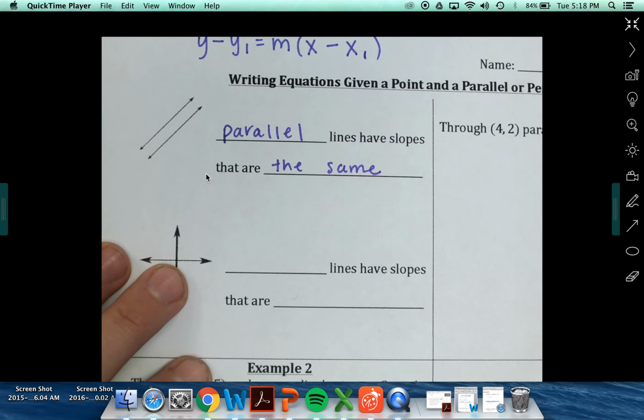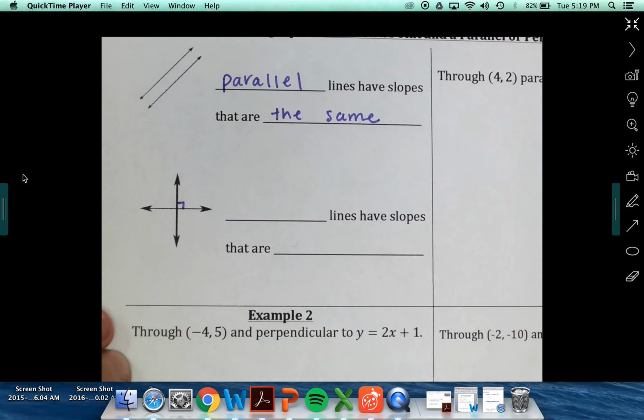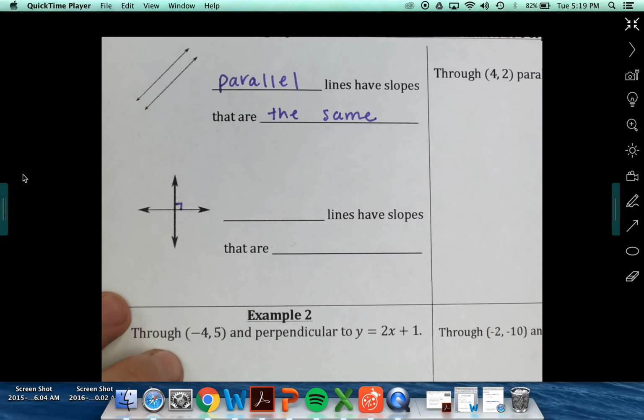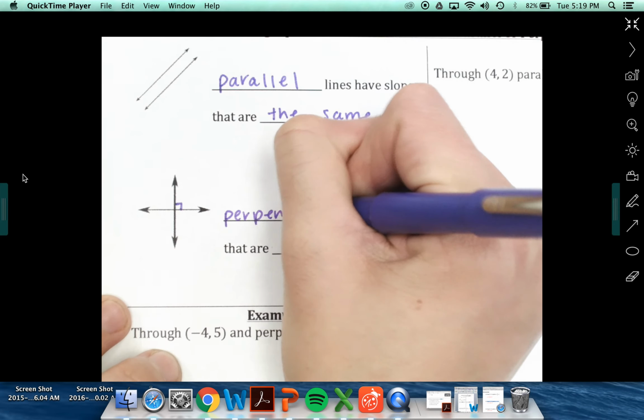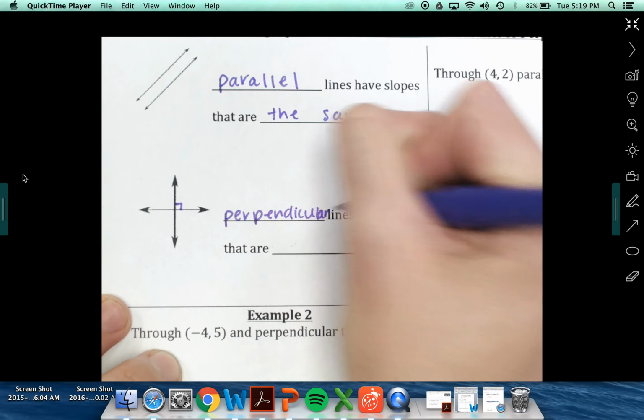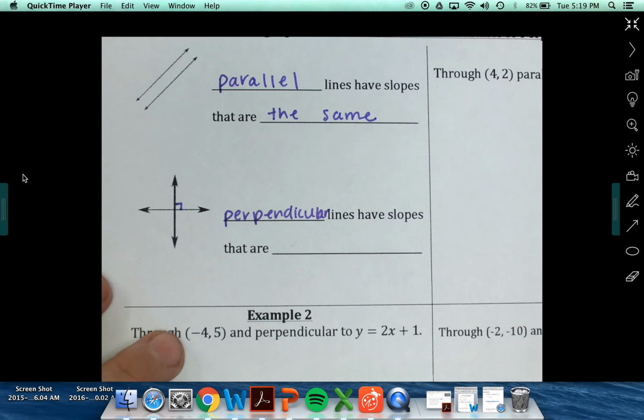Okay, now the next thing down here, we have perpendicular lines, which we should know intersect at a right angle. Sorry, the space isn't quite big enough. So perpendicular lines have slopes that are the opposite of the same, right?